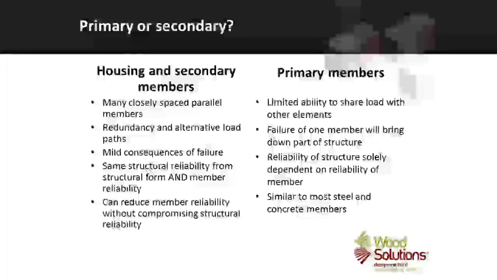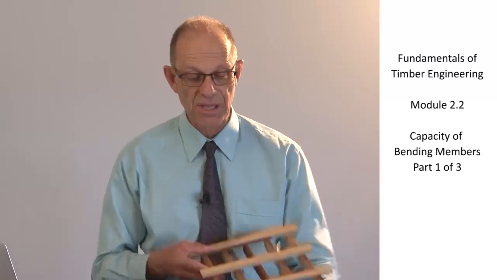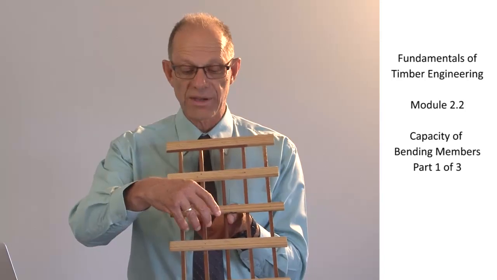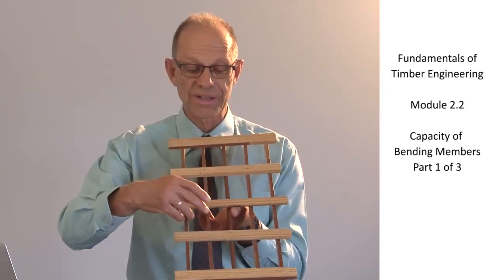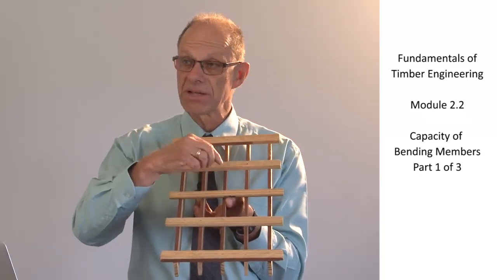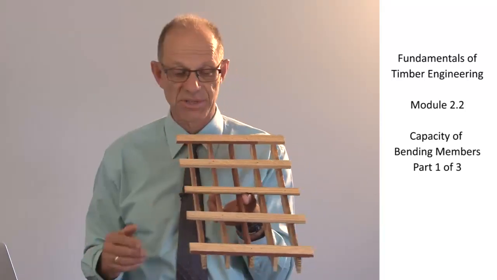The first decision we have to make is, is it a primary member or a secondary member? And essentially what we're looking at is the structural form in which the member is going to be used. If we're using the timber member in a system where there are a large number of parallel members that are all working close together, then the failure of one member may not cause a complete structural collapse, in that the others can pick up some extra load.